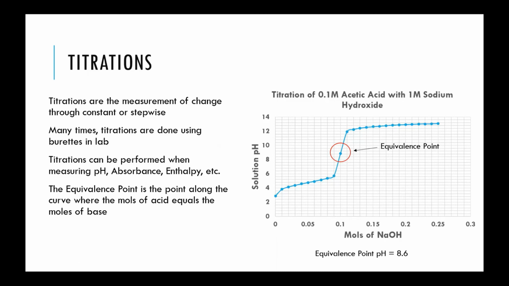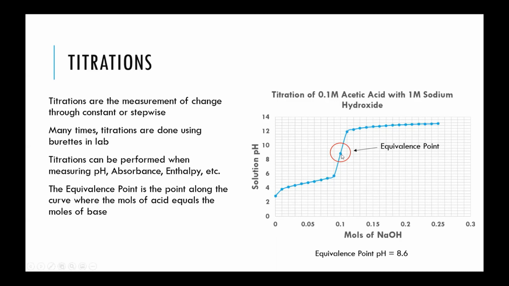This is the point on the graph where the moles of titrant, or what you're adding, is equal to the moles of what was in the initial flask. So in the case of this acetic acid and sodium hydroxide curve, at this equivalence point, the moles of acetic acid is equal to the moles of sodium hydroxide. They are equivalent to each other.